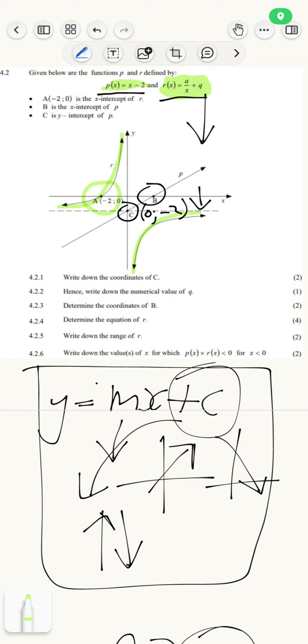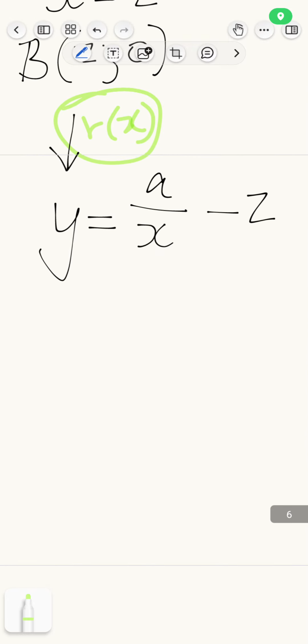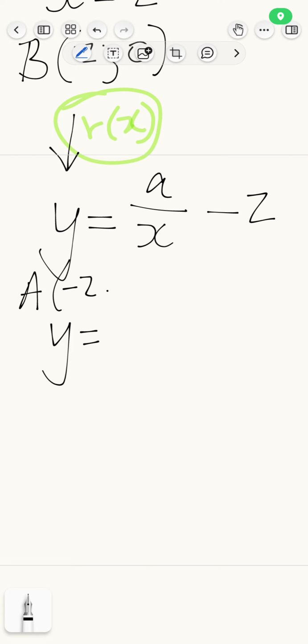So we're going to take coordinate A and substitute it into the equation of the hyperbola, which is where we are over here. So y is equal to a over x minus 2, and the coordinate we're substituting is minus 2 and 0.